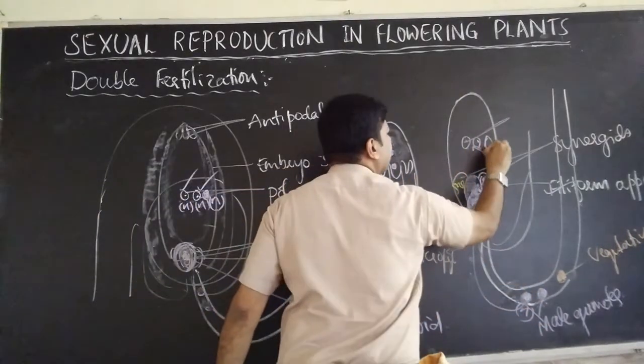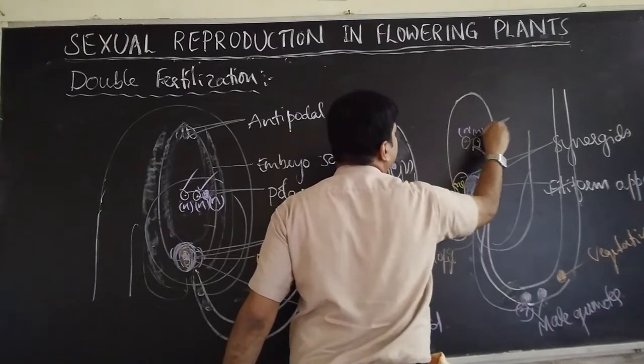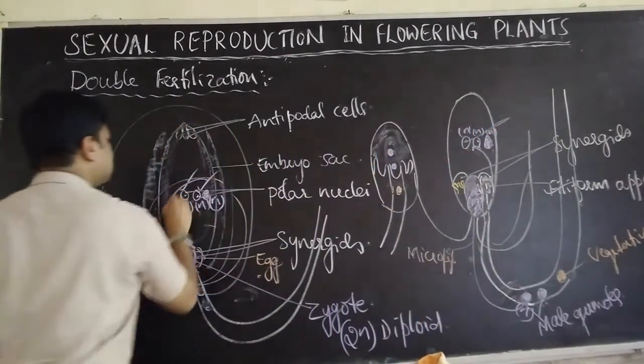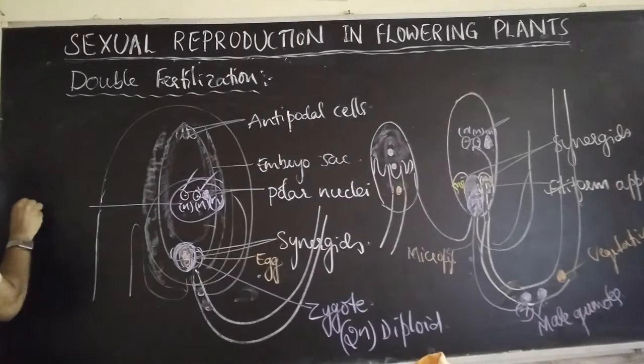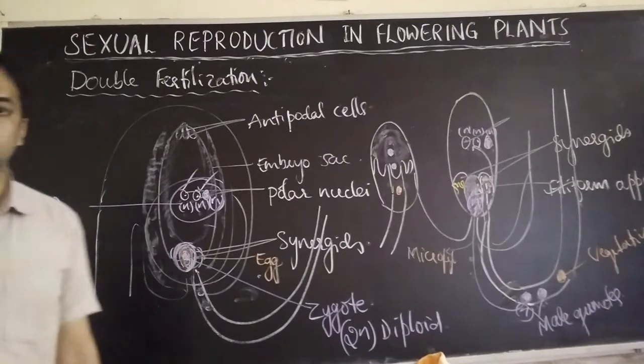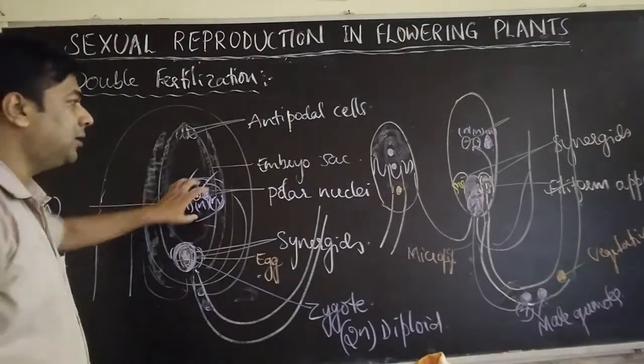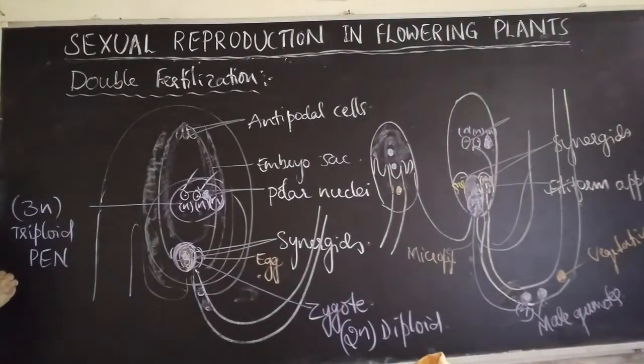This becomes a structure which is 3N. That is called the primary endosperm nucleus.